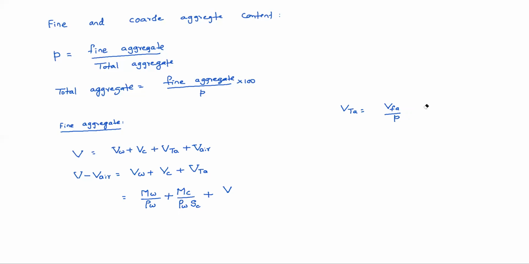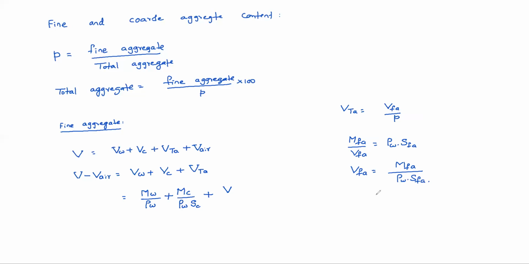Then what about mass of fine aggregate or volume of fine aggregate? Mass of fine aggregate by volume of fine aggregate equal to density of fine aggregate, rho W into specific gravity of fine aggregate, right? That means volume of fine aggregate equal to mass of fine aggregate divided by rho W into SFA, that is VFA.